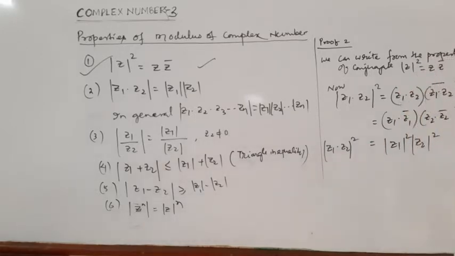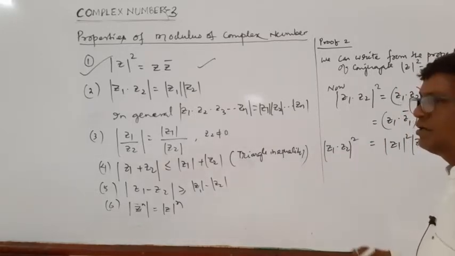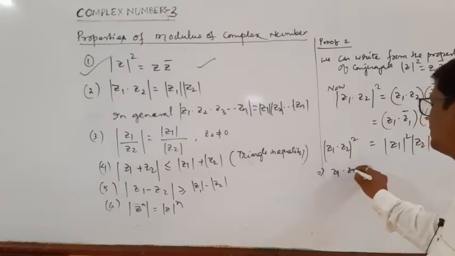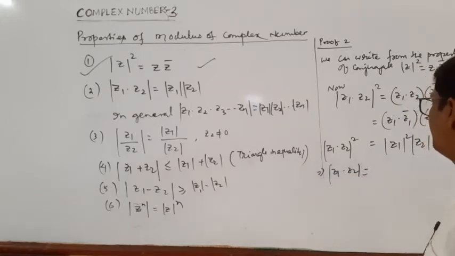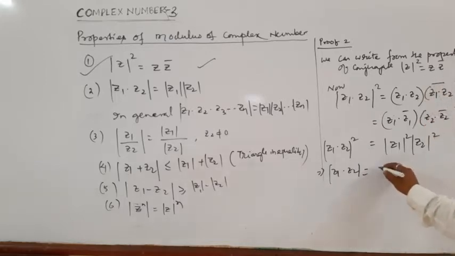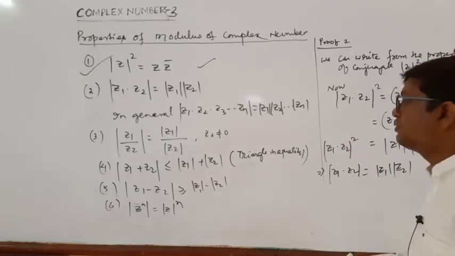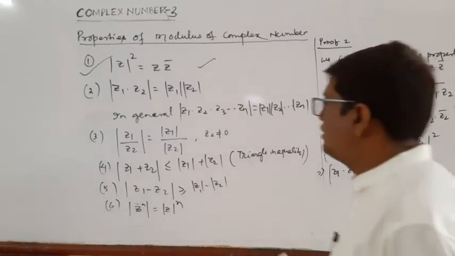Now since modulus is always non-negative, this implies mod of z1 z2 is equal to mod z1 into mod z2. Similarly, it is valid for the product of n complex numbers. Property number 2 is over.